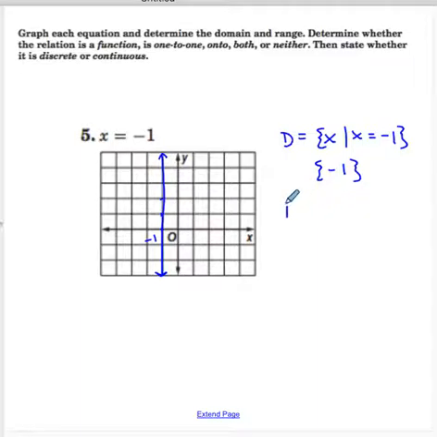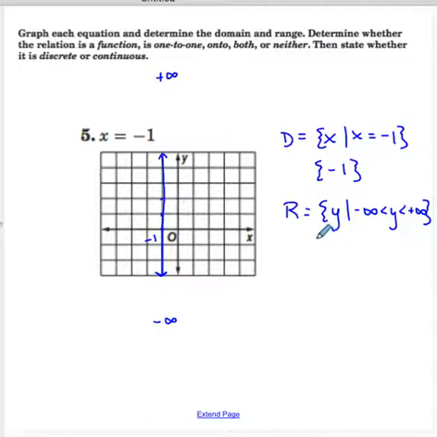The range, on the other hand, is going to be way more numbers, right? So it's going to go all the way up to positive infinity, somewhere up here, and it's going to go all the way down to negative infinity. So the range is the set of y values from negative infinity all the way to positive infinity.